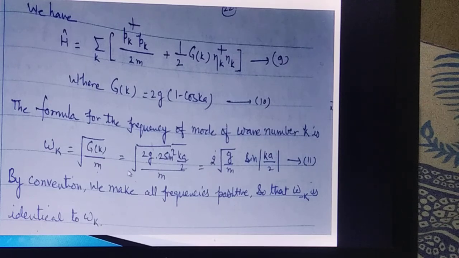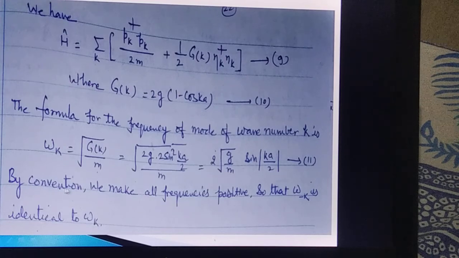So on solving this term, you are having the frequency of the mode of wave number k, which is equal to 2 square root of g by m sin of magnitude ka by 2, because for the frequency negative values of k are not allowed.